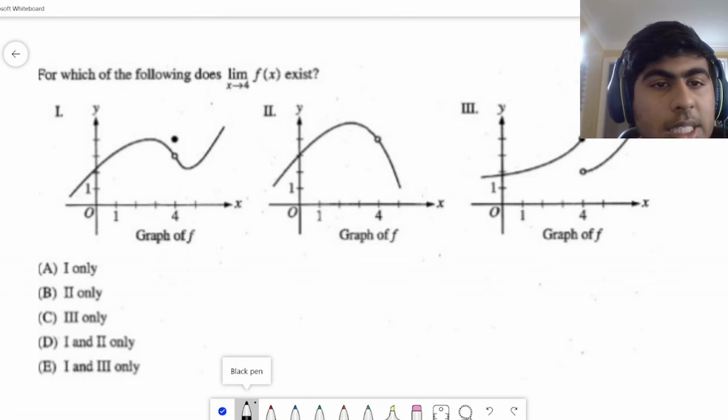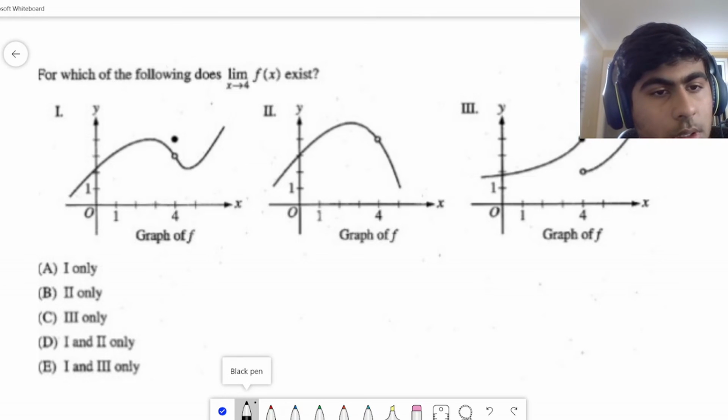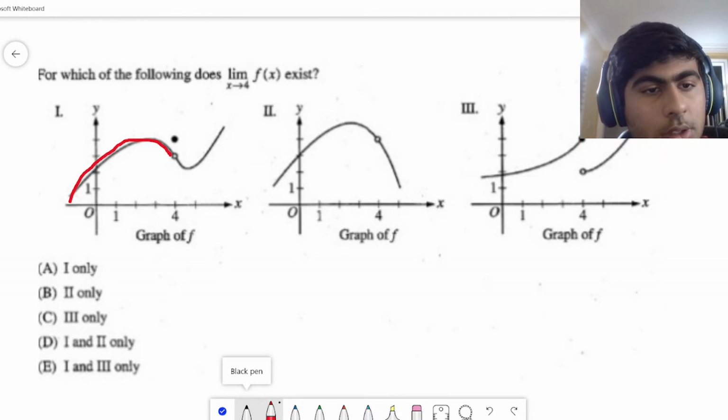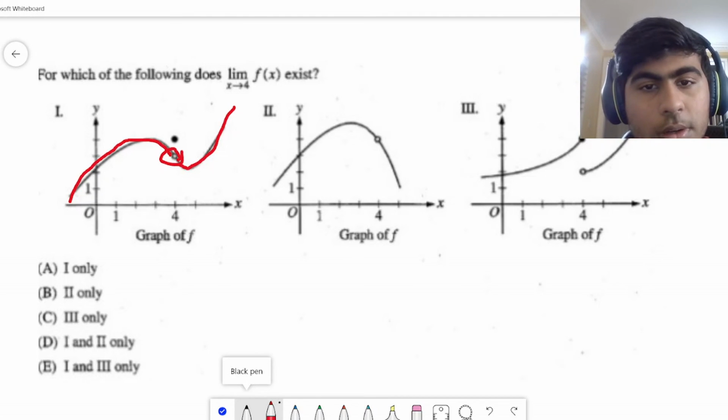For which of the following does the limit as x approaches 4 exist? So one is, there's a curve, and there is a hole right here. So it's not continuous, but that's not what they asked us for, right?